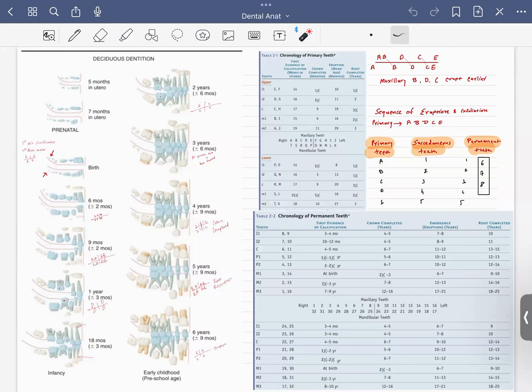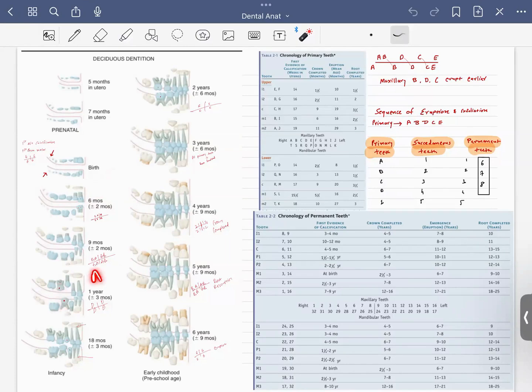So if you see the summary, permanent teeth have started erupting now, so all the deciduous teeth have erupted. First the central and lateral incisors erupted, that is A and B. Then before the canine erupted, we had eruption of the first molars.